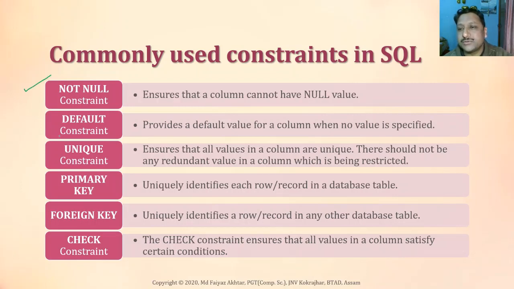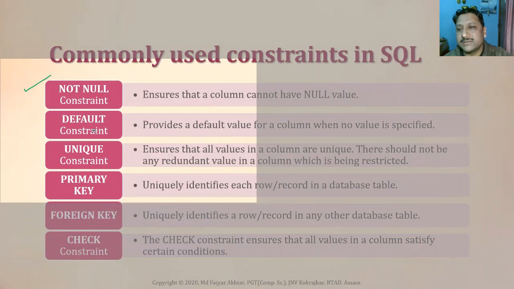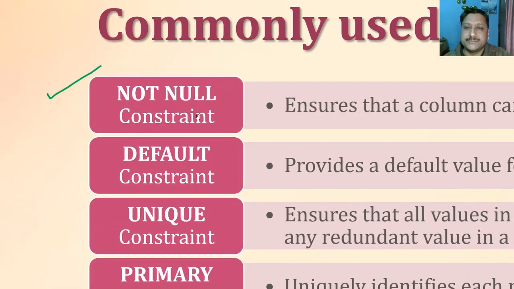First constraint is not null. What is this? The not null constraint allows us to store only non-empty values. The column which is given this not null constraint must have some value before inserting any data, any row, any record.